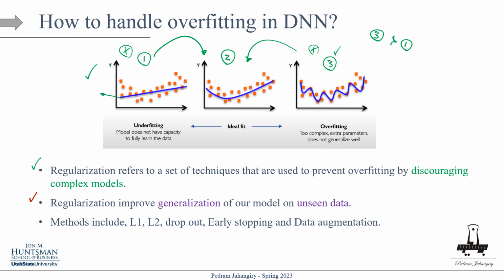So a good model is a model that can overfit first, and then after that, it can generalize well on the unseen data. So let's say overfit on the train set and generalize well on the unseen data. Okay. So these methods include L1, L2, dropout, early stopping, and data augmentation. Or at least these are the ones that I cover in this video. Okay.